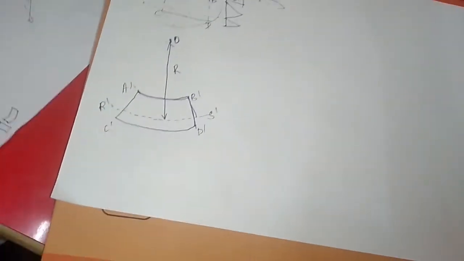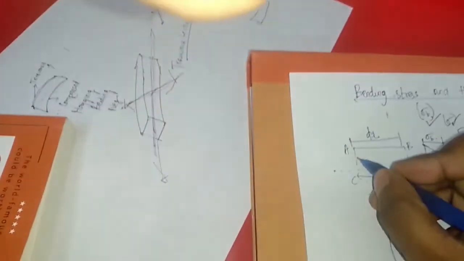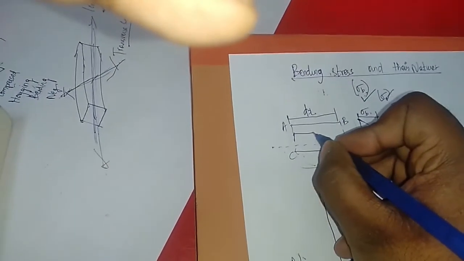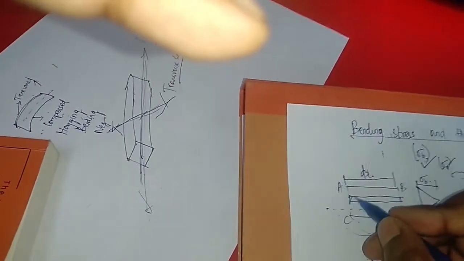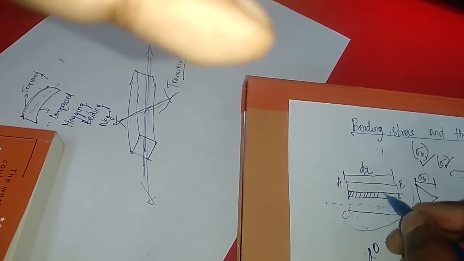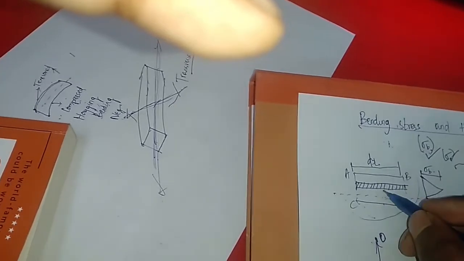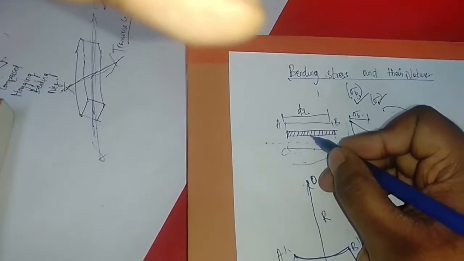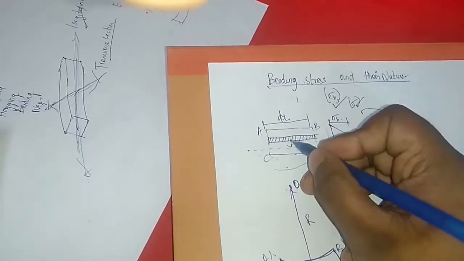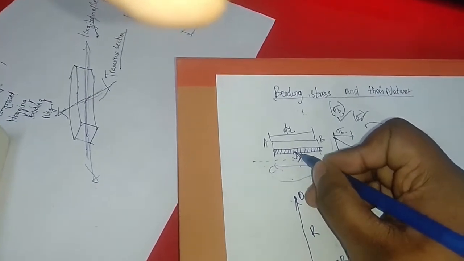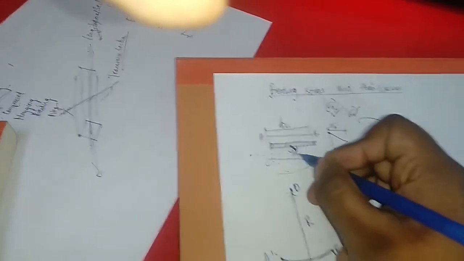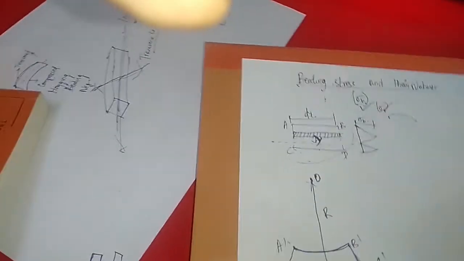So I'm going to take a small strip on the beam, and calculate the bending stress in this particular small strip. This small strip is at a distance of y from this neutral axis, simply y, from the neutral axis to this small strip.